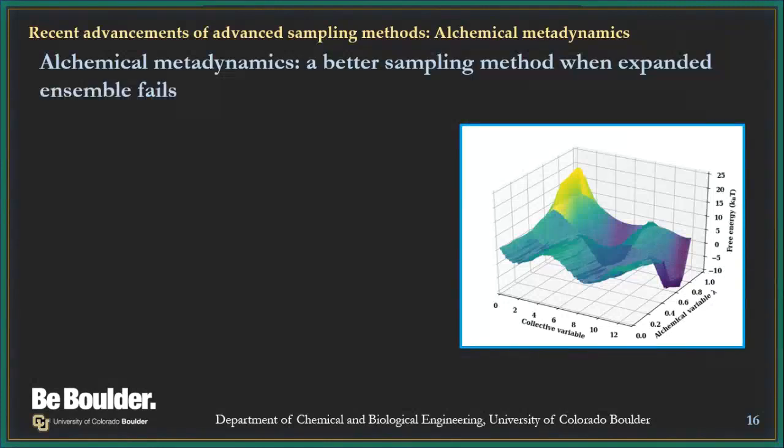This is equivalent to applying Gaussian biasing potential to the alchemical space in metadynamics. And in this presentation, I temporarily call this method alchemical metadynamics.